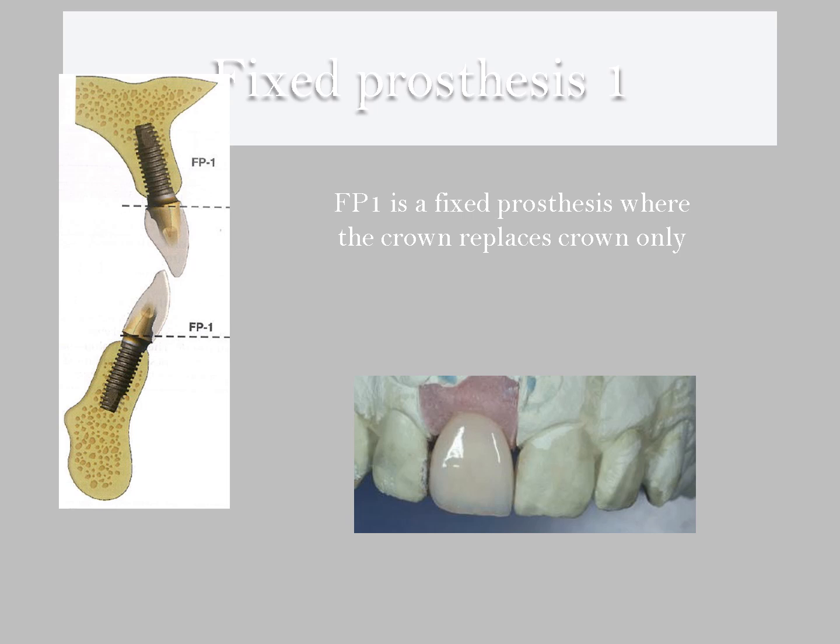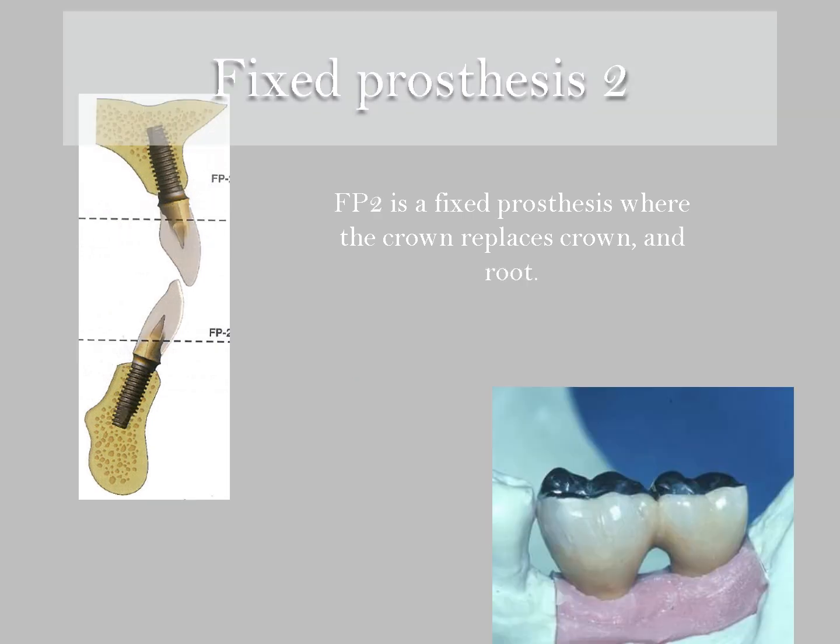If you have extracted the tooth and you add an implant after 1 month or 2 months or 3 months, okay, this one you will see you just restore the crown, and in the classification of the prosthetic types this is called FP1. So what if you leave it some time and some cementum appears, or some part of the roots, this will be FP2.